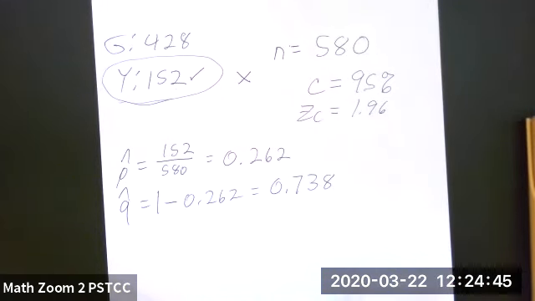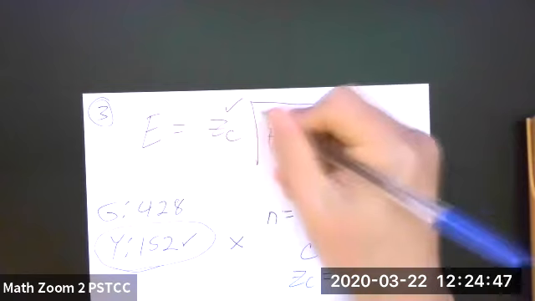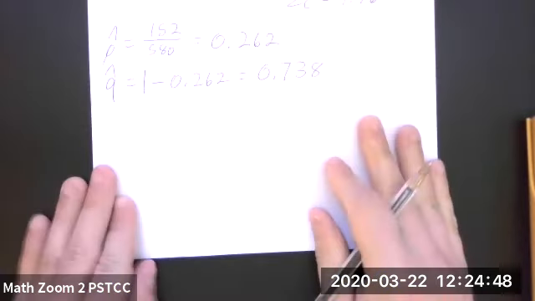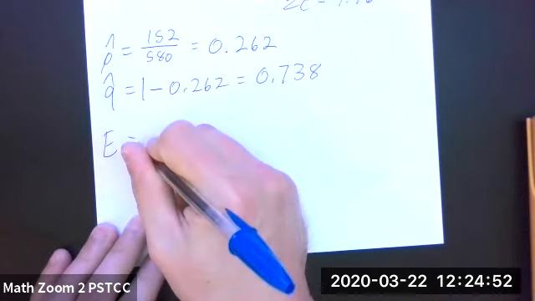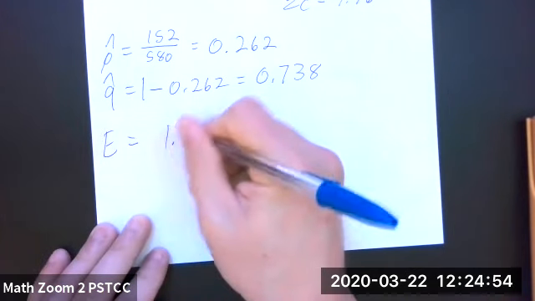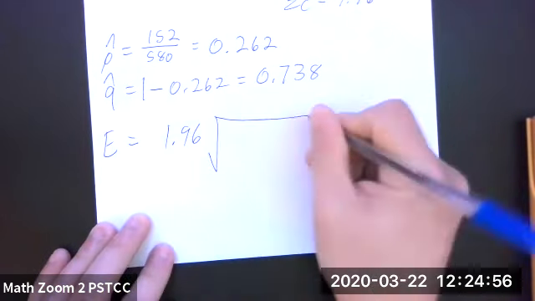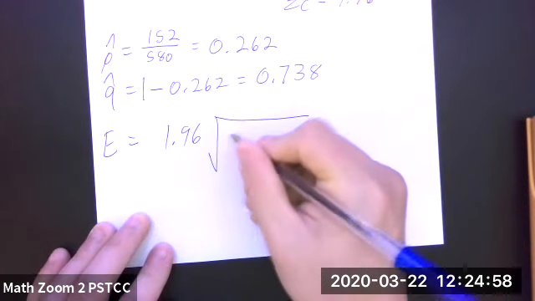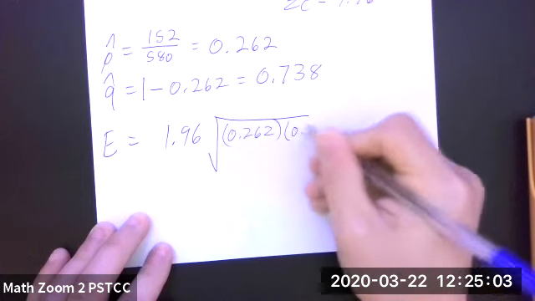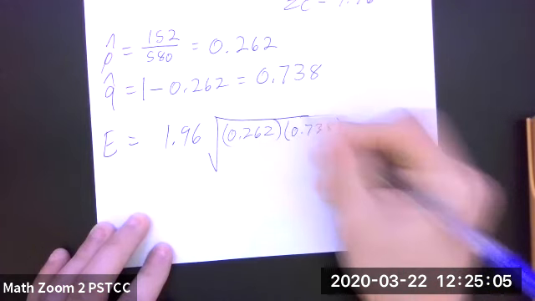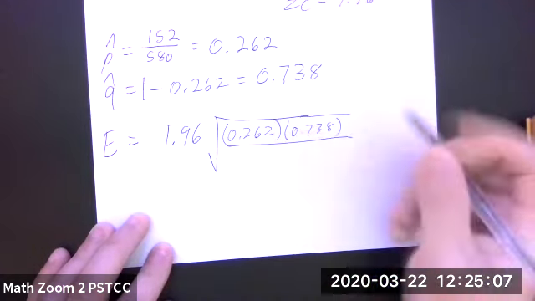And with that, we have everything we need to use the formula. Z critical is 1.96. P hat is 0.262. Q hat is 0.738. Over the total of 580.